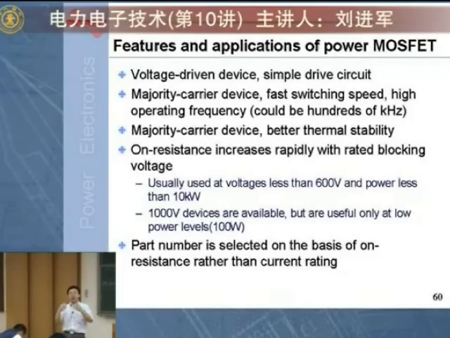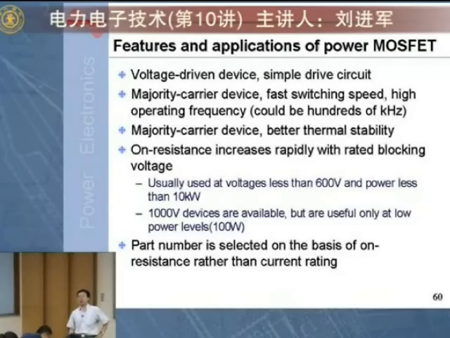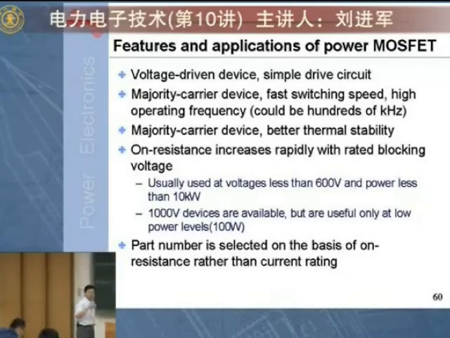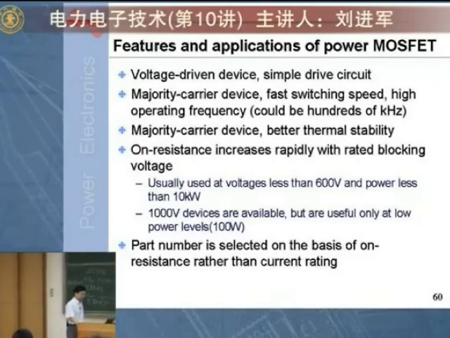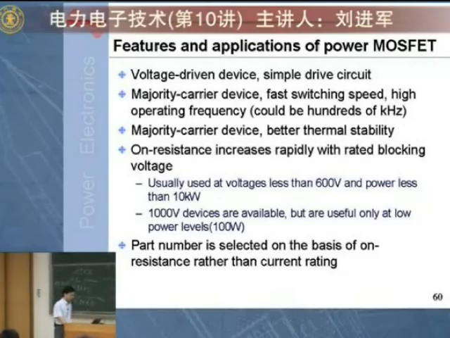For GTRs, thyristors, or power diode, you need some time to inject carriers into the N- region so that N- region can be very high conductivity to realize conductivity modulation. Therefore, this process for turning on, turning off process for MOSFET is very fast. This process very, very short.